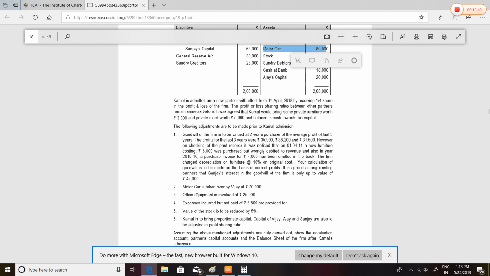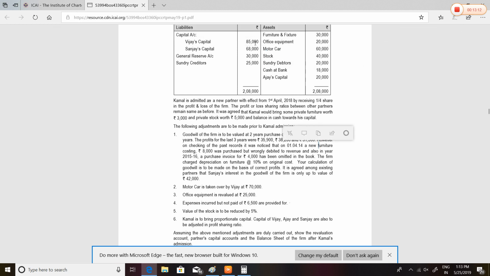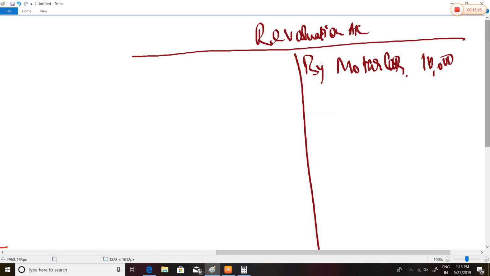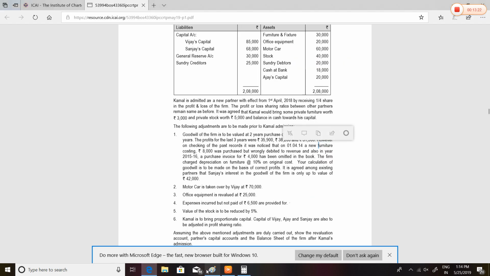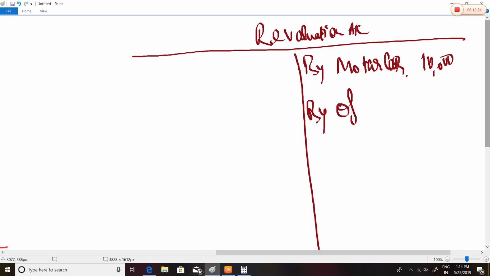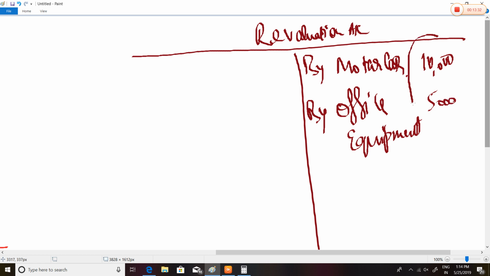Office equipment revalued at 25,000. Office equipment, 5,000 profit here. Whenever there is a profit, it will get credited.